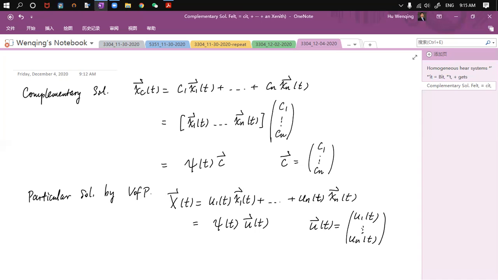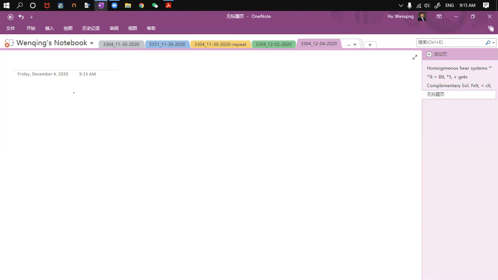Once you have this form, you say that because this particular solution must satisfy the original equation, x prime equals P of t x plus g of t, it must satisfy this equation.